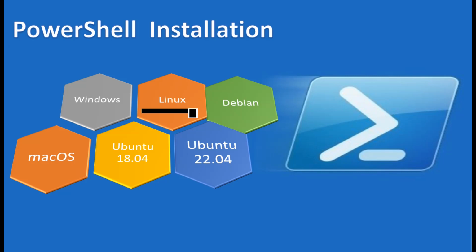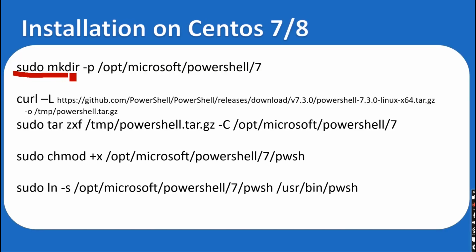There is a 5-step process to install PowerShell using a binary archive package. This is the first step. First, you have to create a target folder on which you can place your PowerShell. Then you have to download the archive package.